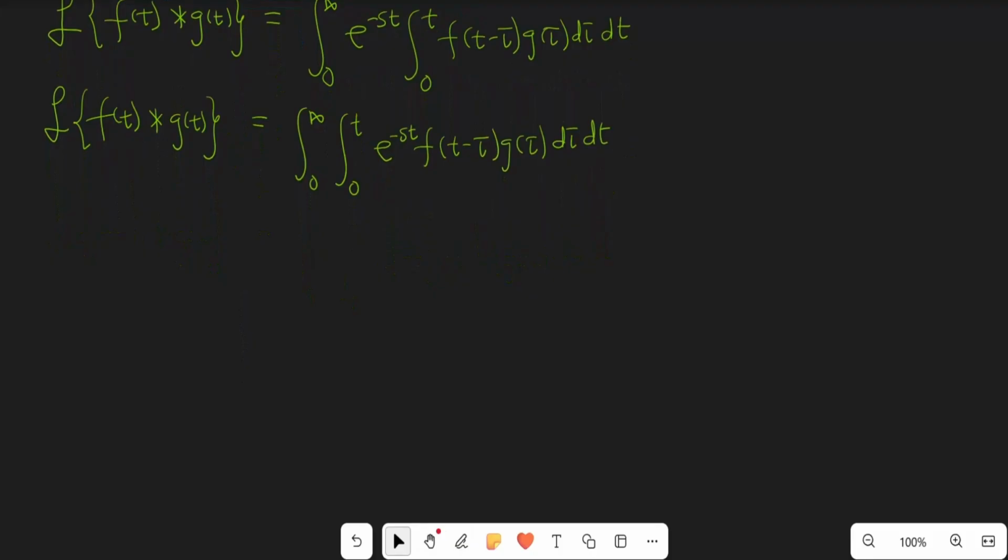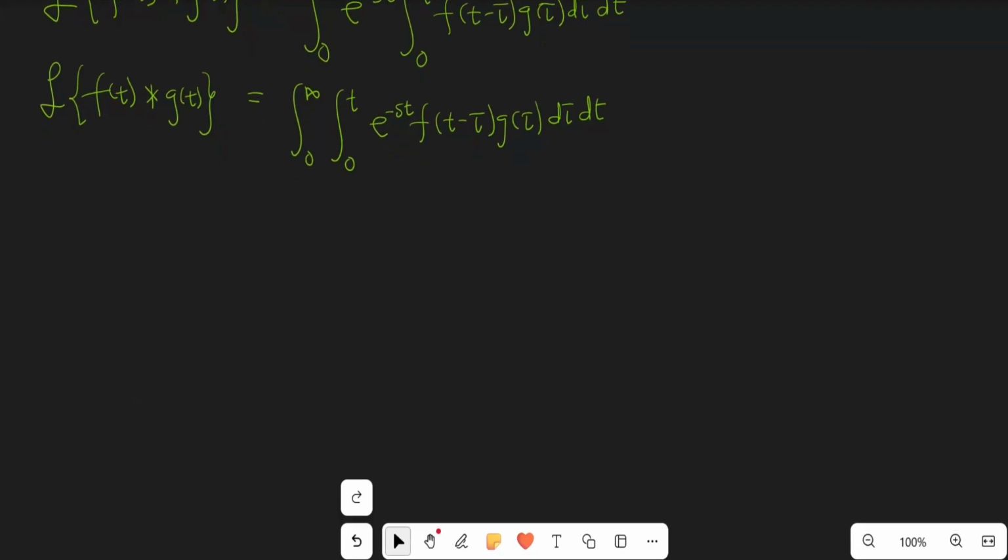Which one are we integrating first? The first one here corresponds to the integral here. So that means we are integrating first with respect to tau and then later on with respect to t. But I would want to switch these limits of integration so that I'll be able to integrate first with respect to t and then later on with respect to tau.